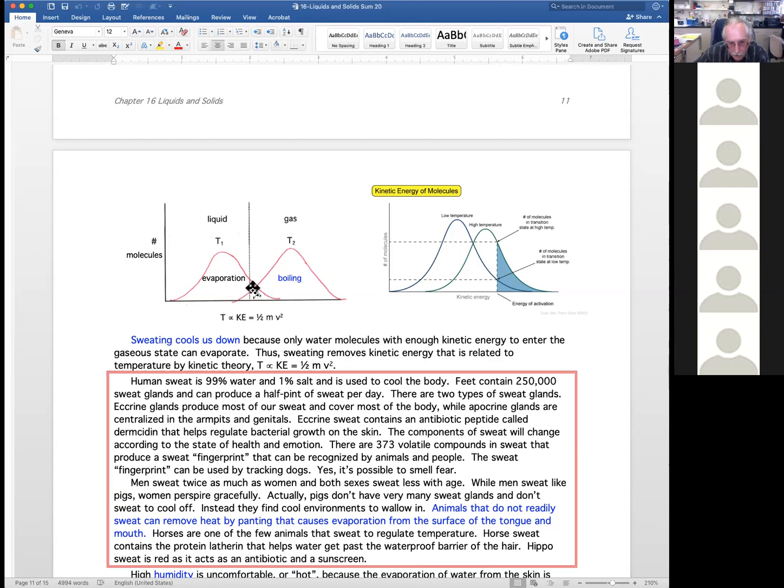This small amount of molecules right here have enough kinetic energy to go from the liquid to the gaseous phase. You see that? Only these ones. So which molecules will go from the liquid to the gas? The ones with the most kinetic energy. Now what happens if I raise the temperature? Well, now most of the molecules are able to go into the gaseous phase. Not all, but most. I would say that's boiling, and this was evaporation.